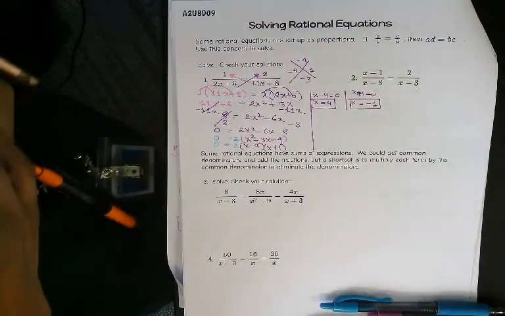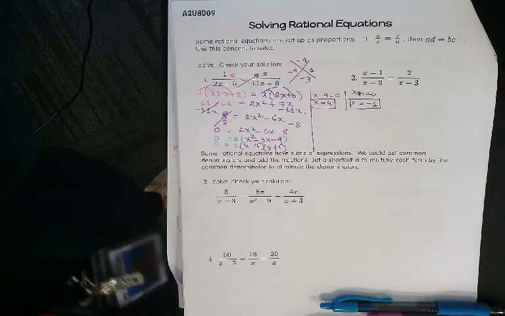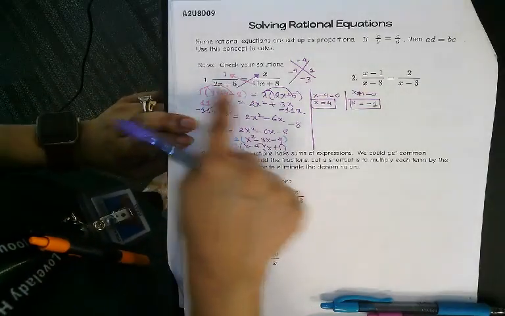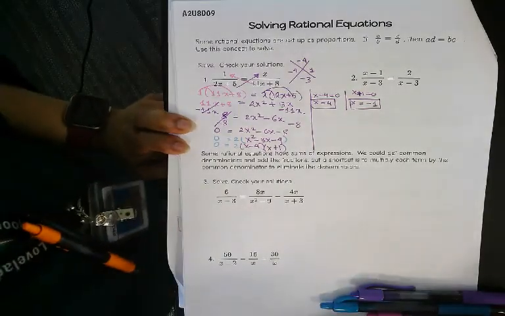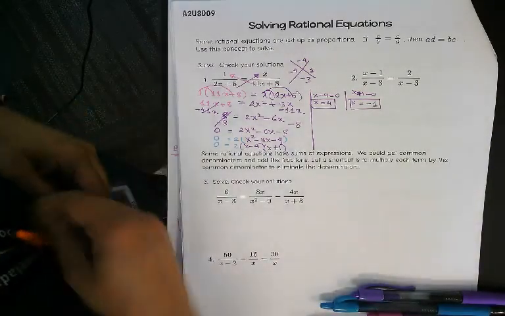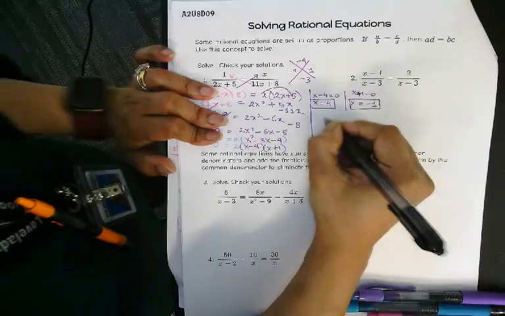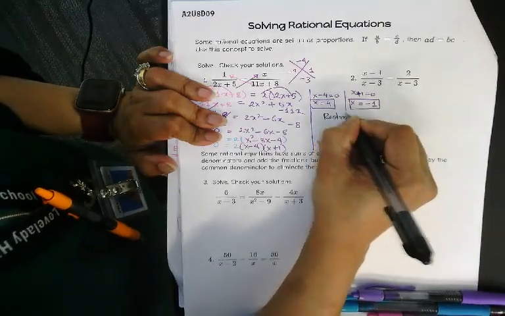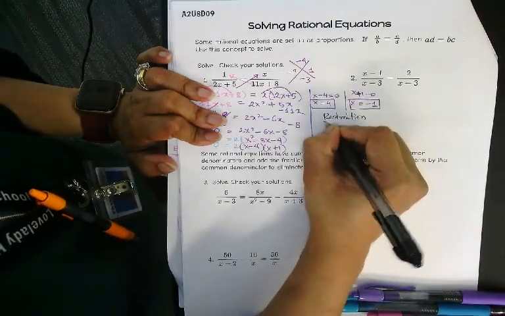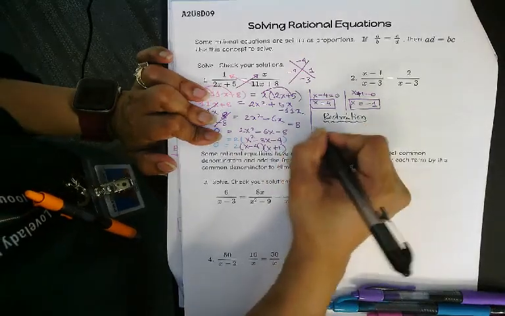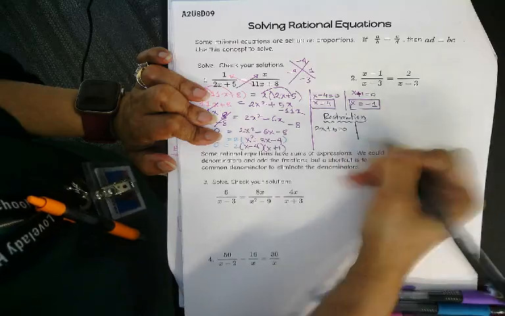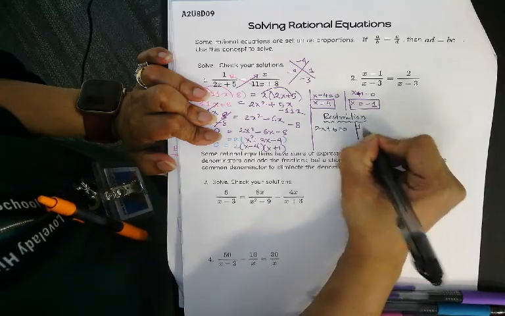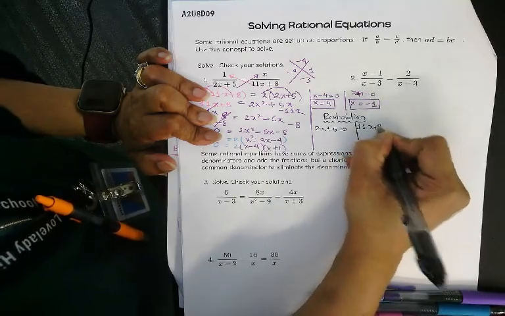Now you have to find the restriction. The restriction will be whatever you have in the denominator. All of them are going to be your restrictions. You're going to set them equal to 0 so you can find your restriction. So 2x plus 5 is equal to 0 and 11x plus 8 is equal to 0.